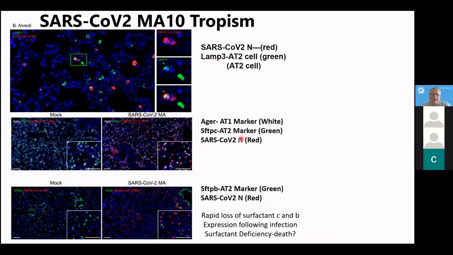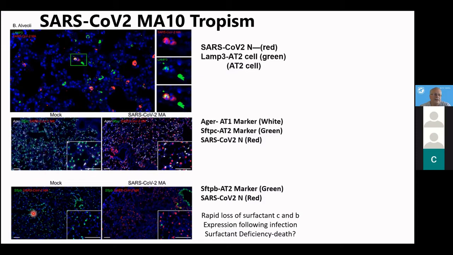In the deeper lung, in the alveoli, the virus infects AT2 cells. This is LAMP3, it's a stain for AT2 cells. You can see you have co-localization of LAMP3 and viral antigens in red. Interestingly, when you look at surface expression markers on AT2 cells following SARS coronavirus 2 MA10 infection in the lung, the surface marker expression rapidly disappears, including LAMP3, but also surfactants C and B. They're shown here.